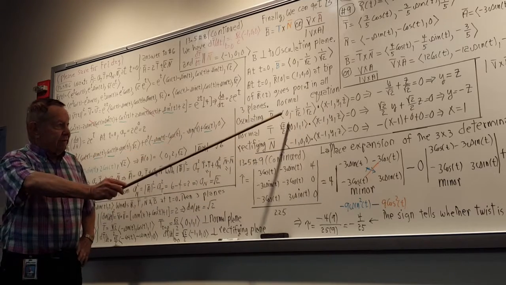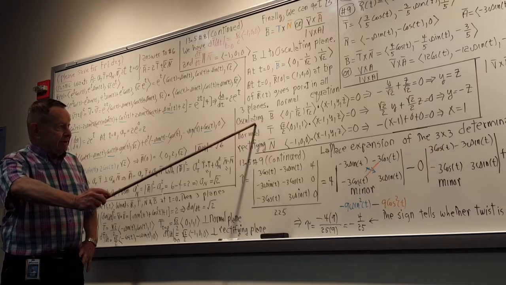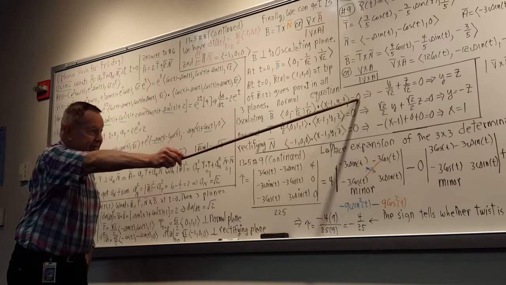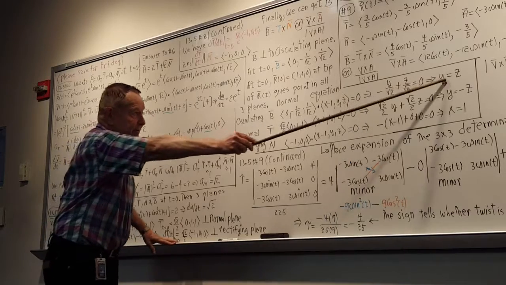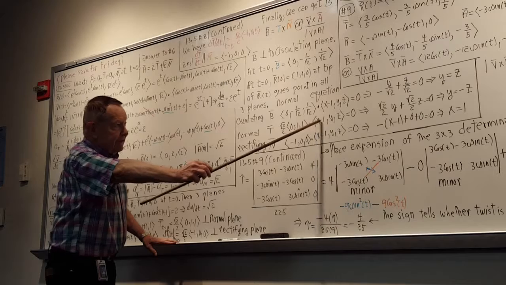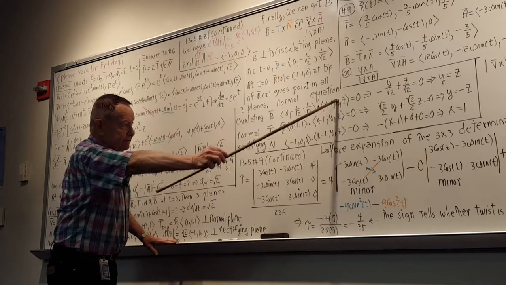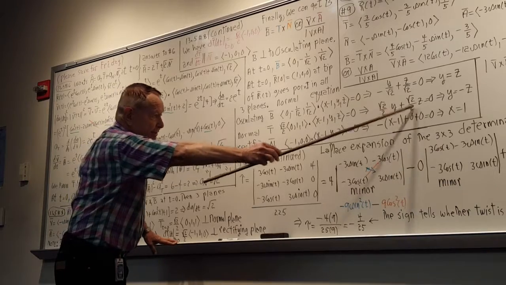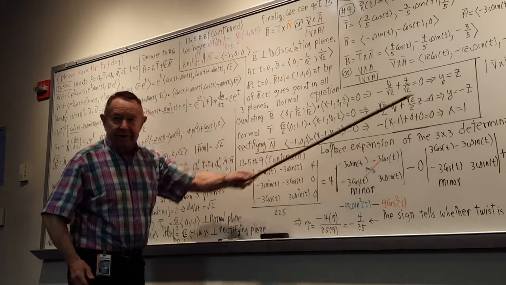So then your osculating plane is this vector dot this vector equals 0, and you simplify. The normal plane is this vector dot your general vector, which is the same in all three, equals 0. You get this and simplify.